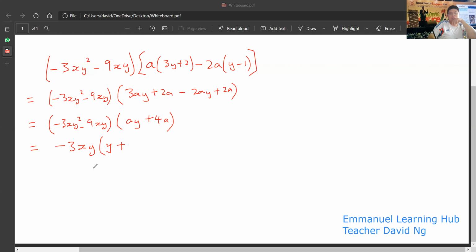I'm factorizing out more. Then plus 3y. 3 plus 3. Plus 3 only. This one thing to take out your A. Correct, no?